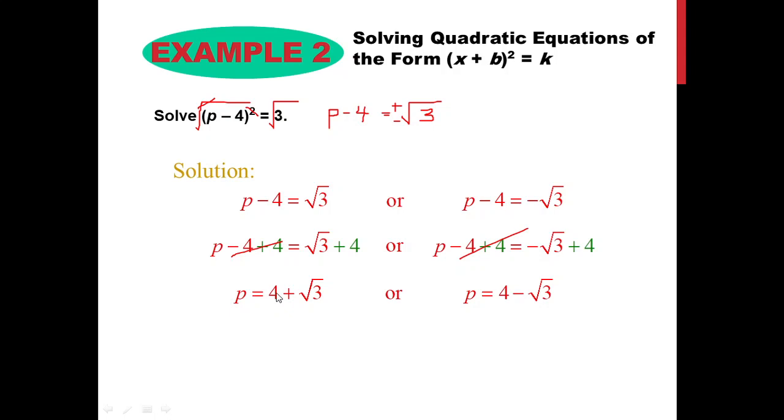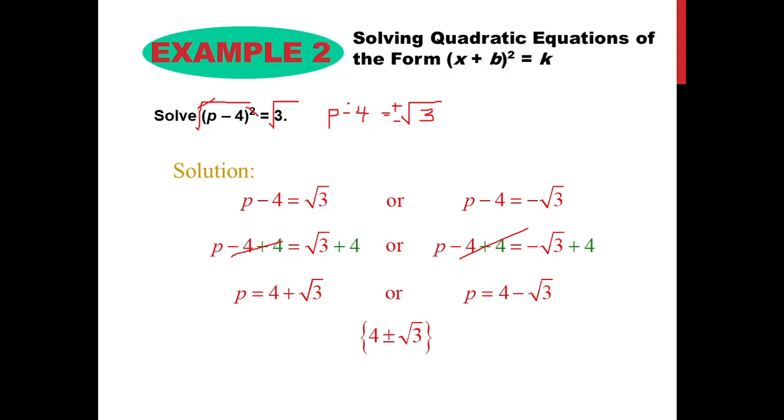p equals 4 plus square root of 3, and the other one is p equals 4 minus the square root of 3. So our final answer would be p is equal to 4 plus and minus the square root of 3.